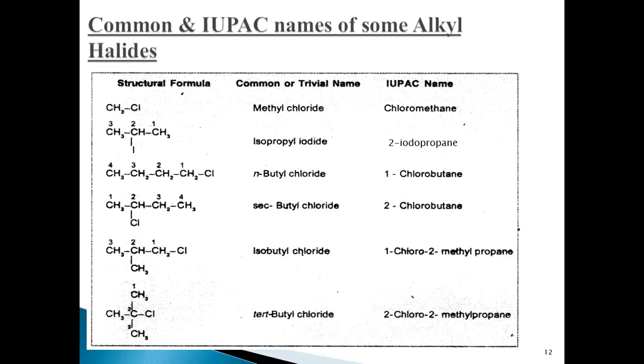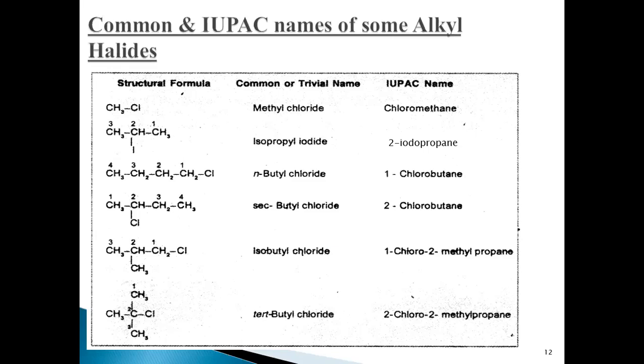Yes, it is 2-chlorobutane and the common name is secondary butyl chloride. Why is it secondary butyl chloride? Because chlorine is attached to that carbon which is attached with another 2 carbons and it has only 1 hydrogen. It is attached to the secondary carbon. Therefore, it is secondary butyl chloride.